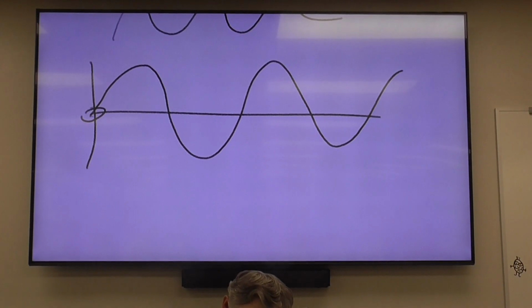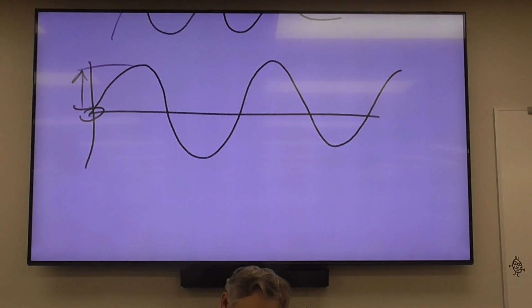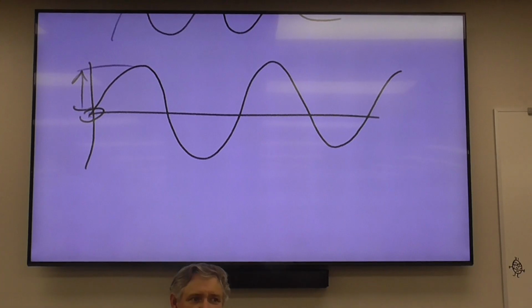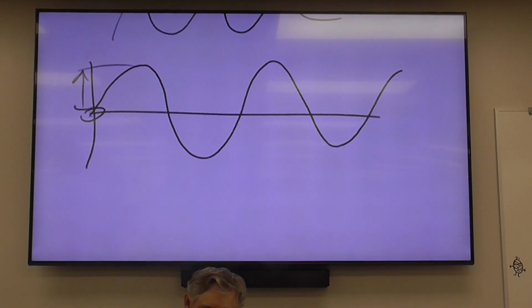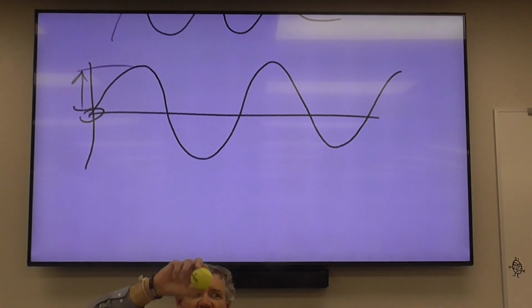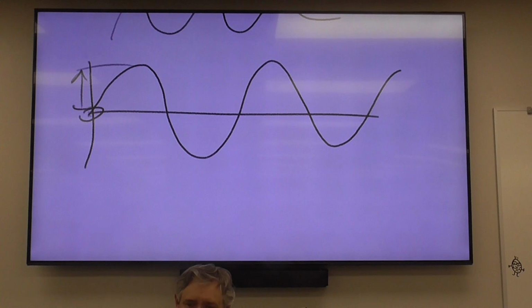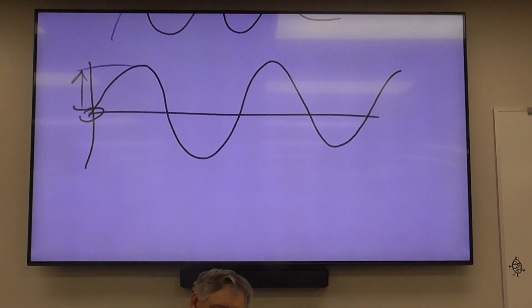And if you're completely baffled, look at how far it travels just from here to here. Imagine this is the particle. Starting here, it goes up, back down, goes back down, goes back up. Look at the distance that it will travel in one oscillation.